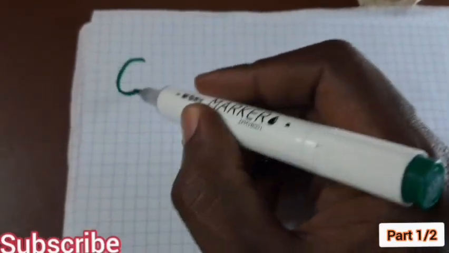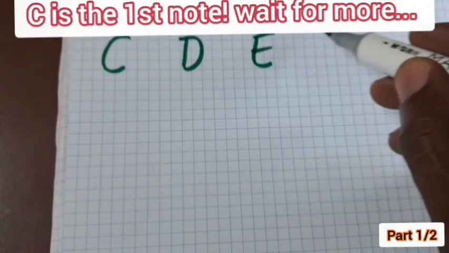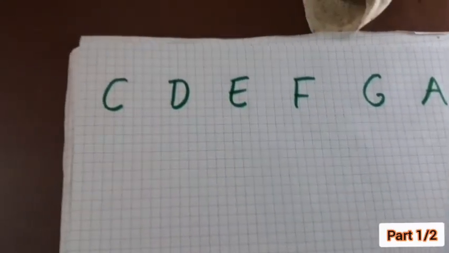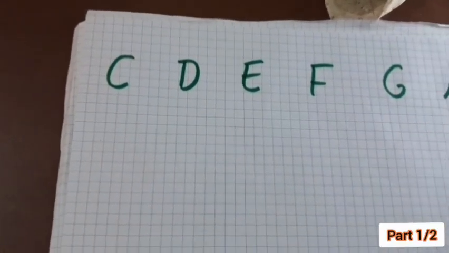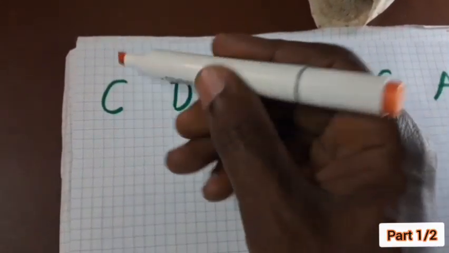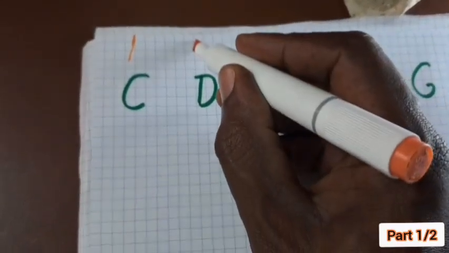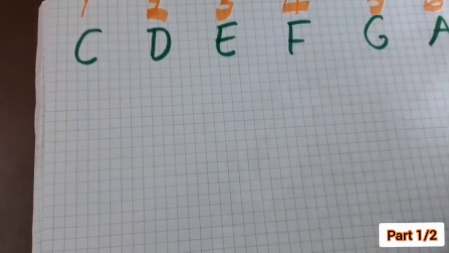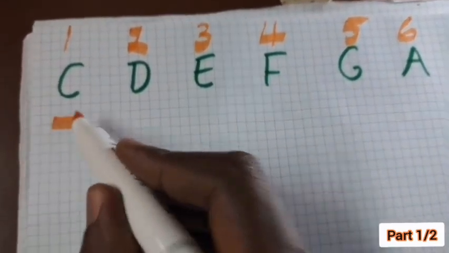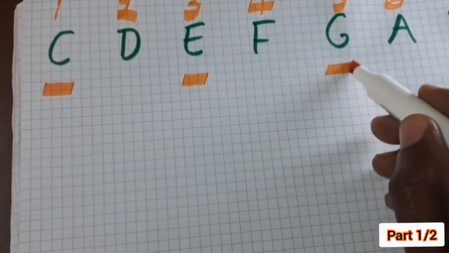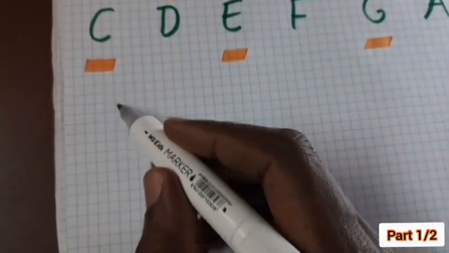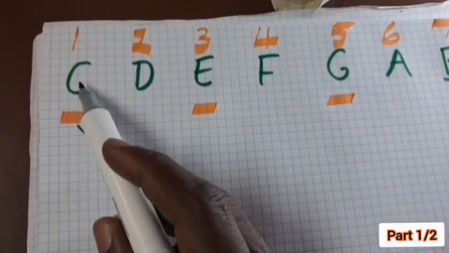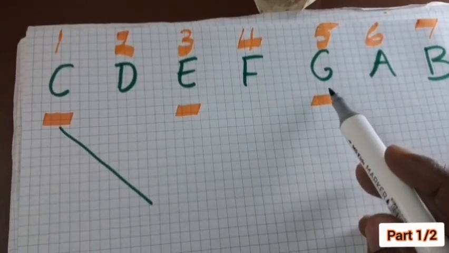Take C, D, E, F, G, A, B. This is 1, 2, 3, 4, 5, 6, 7. So the first, third, and fifth in this case are what?